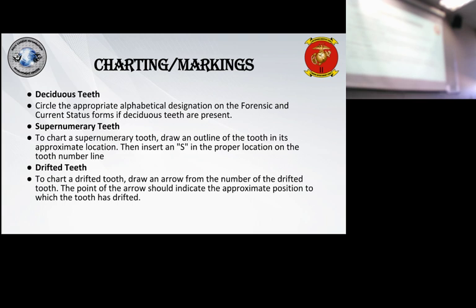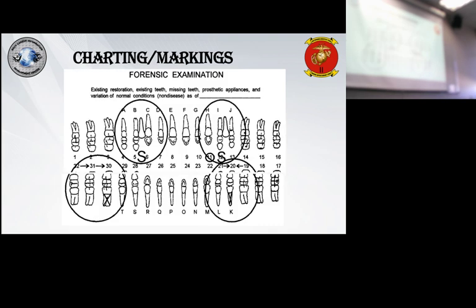And then when we talk about supernumerary teeth, we're going to mark them with S. Drifted teeth, we're going to chart the drifted tooth and draw an arrow from the number of the drifted tooth. Okay? We see certain sections marked with S, and we also have the arrows from the number to where the tooth is drifted.